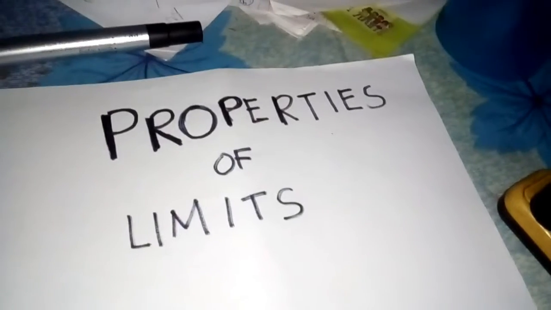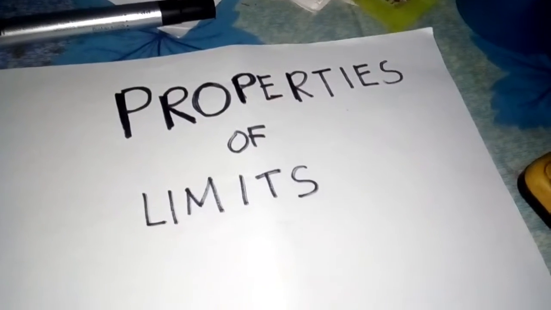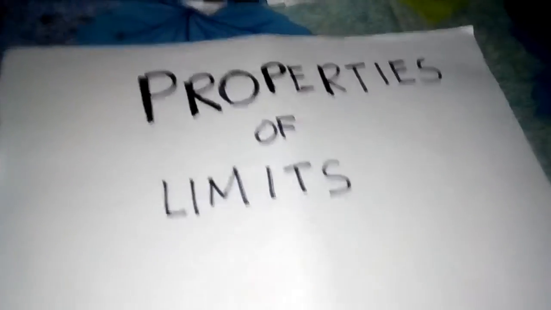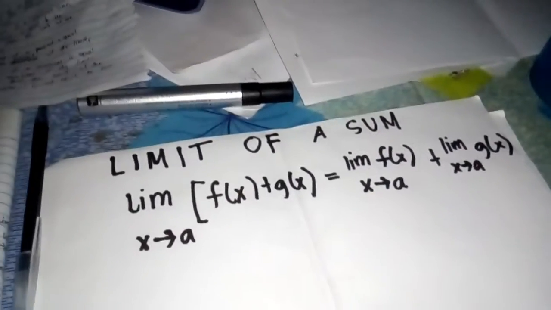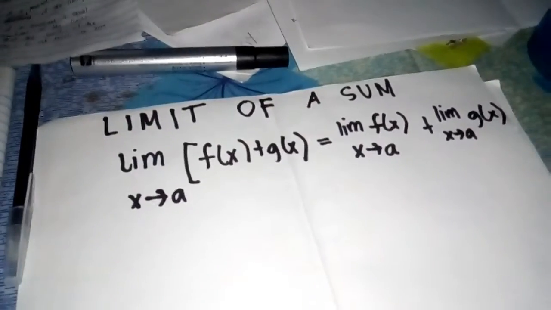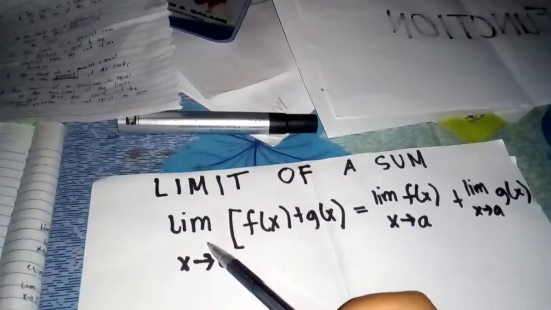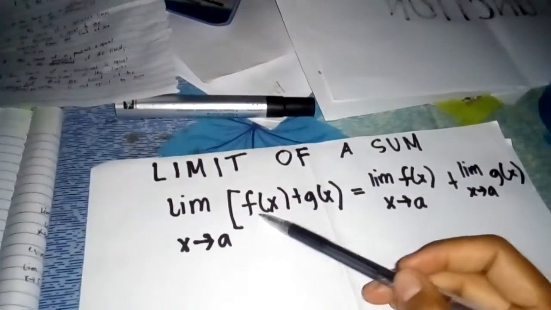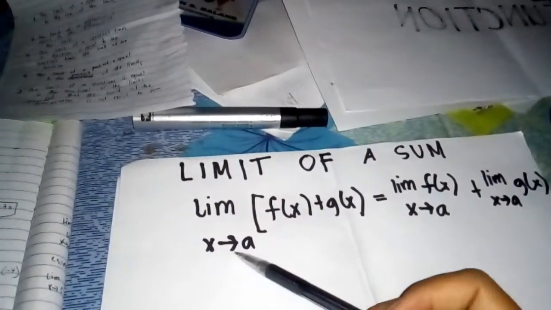Here we are, another discussion, which is the properties of limits. Property number one is the limit of a sum, where the limit of a sum is equal to the sum of the limits. Its formula is the limit of f of x plus g of x as x approaches a.